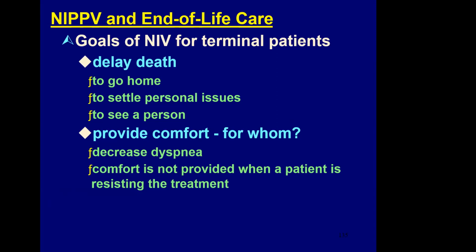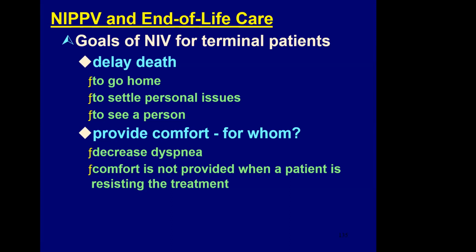That sounds awful, but some patients want their death simply delayed for good reasons. They may want to die at home. They may want to stay alive long enough to settle personal issues. They may want to delay death to see a person to say goodbye.